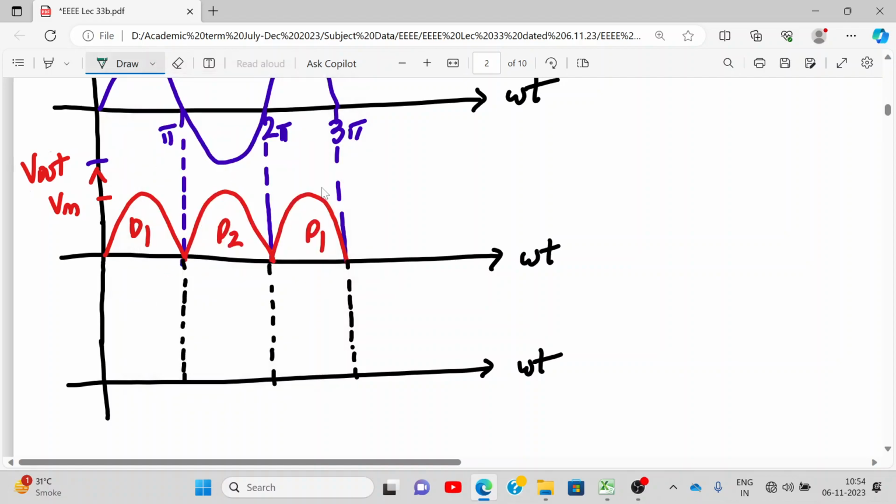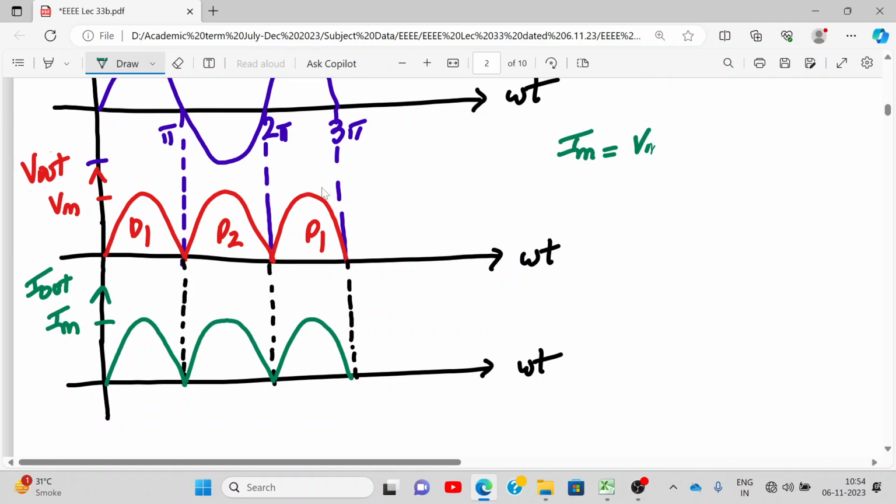What will be the difference in current waveforms? The difference is in the amplitude. Here it will be V out upon RL, here it will be IM. So this is the I out waveform. And what is IM given by? So these are my current waveforms.